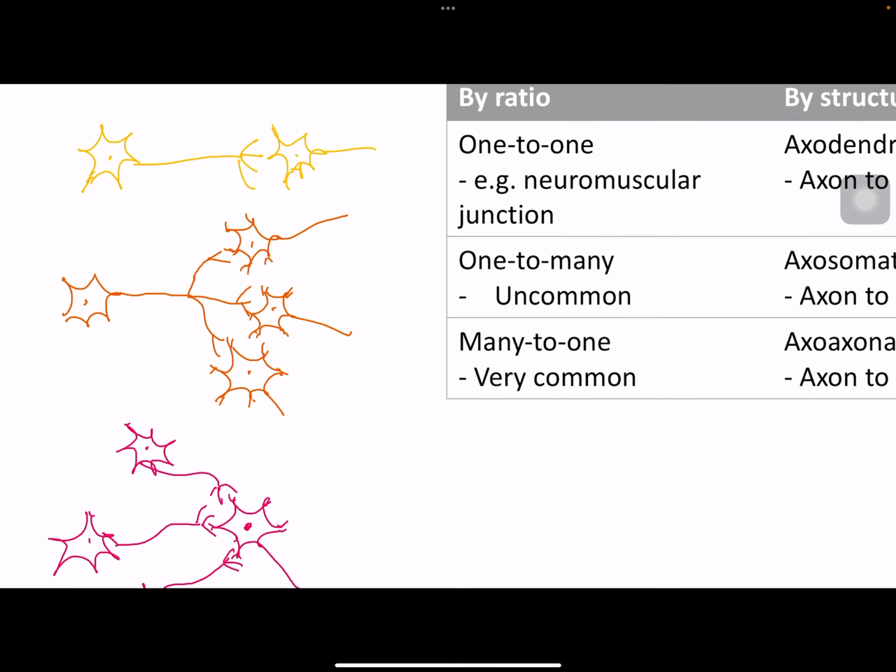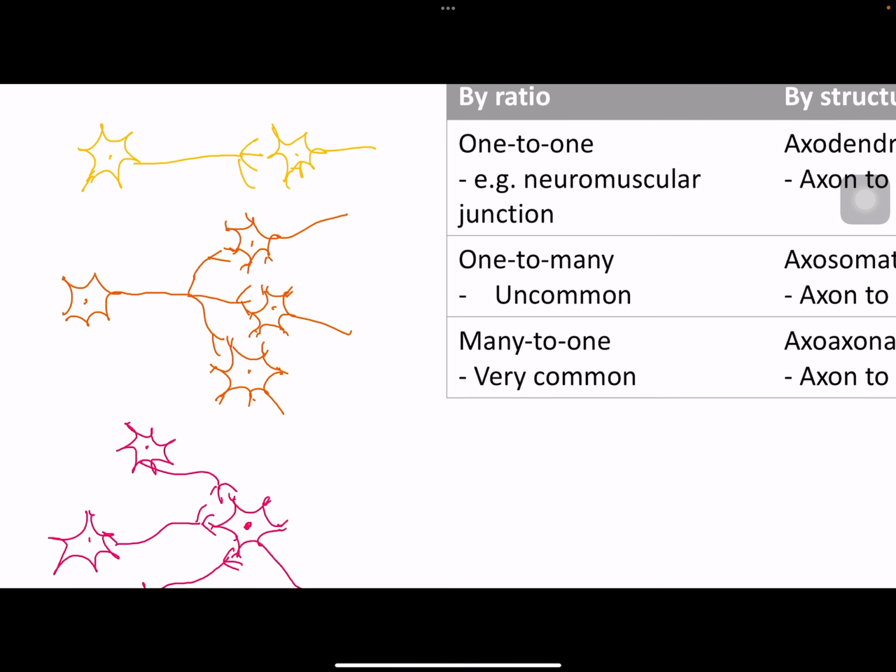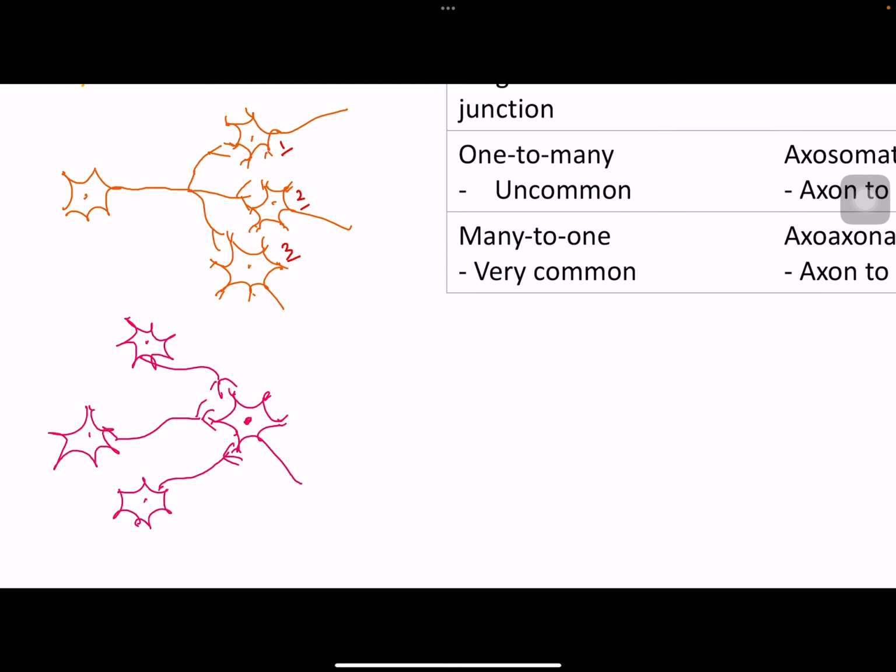The one that we talked about earlier is what we call the one-to-one arrangement, one presynaptic to one postsynaptic. There's also one presynaptic neuron which synapses with many postsynaptic neurons. This is called one-to-many, and this is not very common in the central nervous system. The more common one is actually the many-to-one, meaning that one neuron will receive from more than one presynaptic neuron, and in this case there is a process that takes place known as the integration of information.